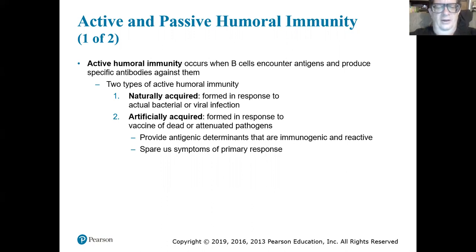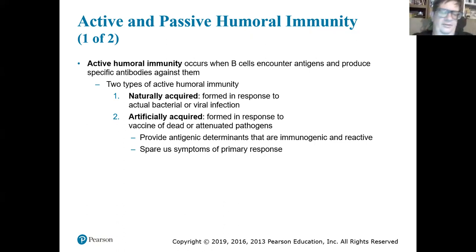In artificial, a good example would be a response to a vaccine, where they give you weakened or partial pathogens. The idea is that you want to provide some antigenic determinants that will cause an immune reaction, and then you won't have the symptoms that come with the primary response.